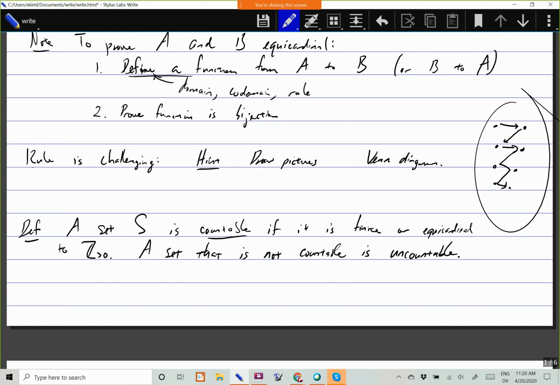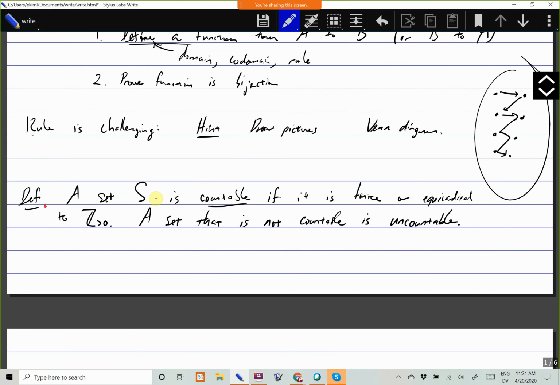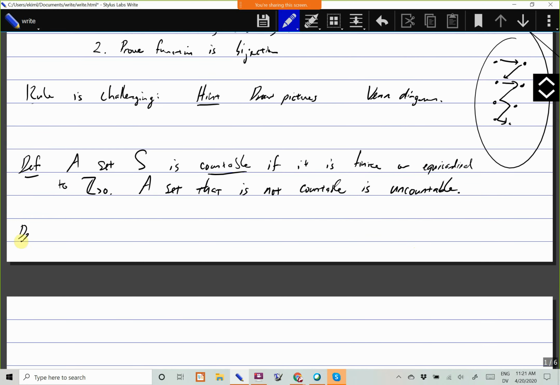And you can work through the language of what's a countable set that's not finite. The only option is this other thing over here, equicardinal to positive integers. So this goes by its own fancy name: a countable infinite set is called countably infinite.